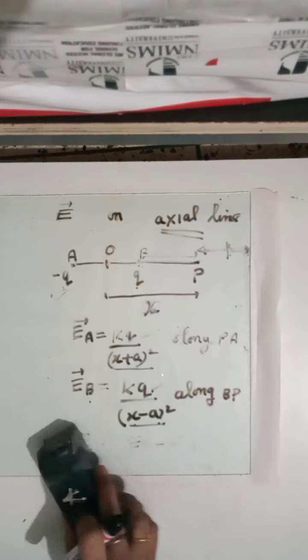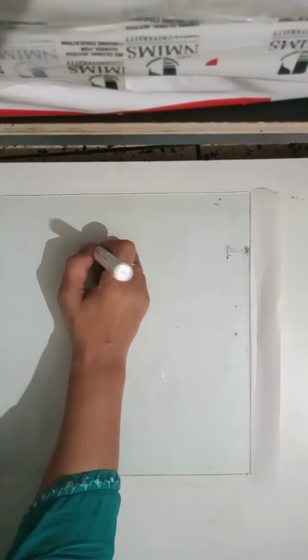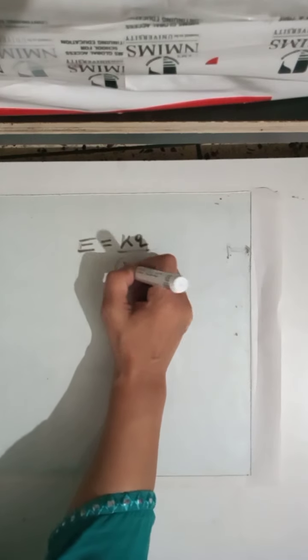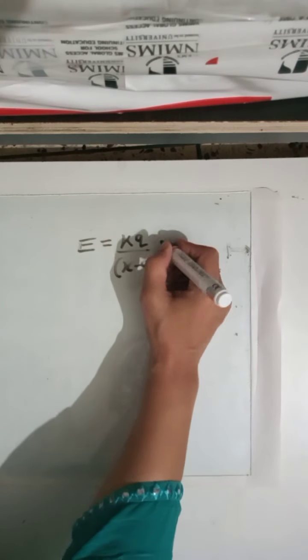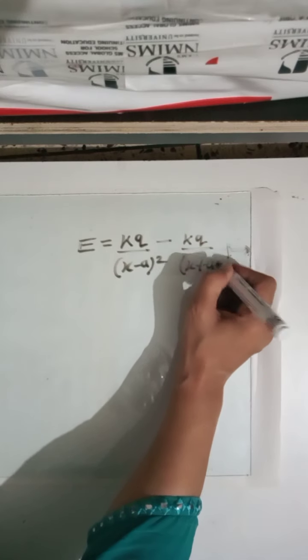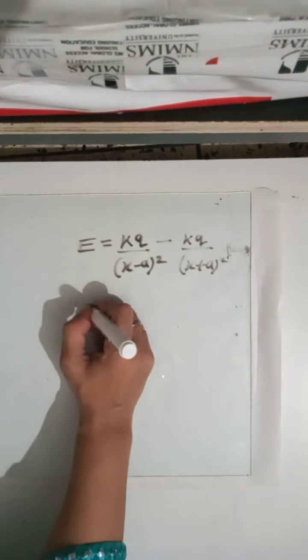Now you can solve it by putting the values of EA and EB in the equation. E is equal to KQ upon X minus A whole square minus KQ upon X plus A whole square. In short, you can solve it.